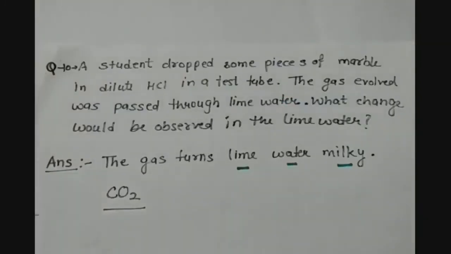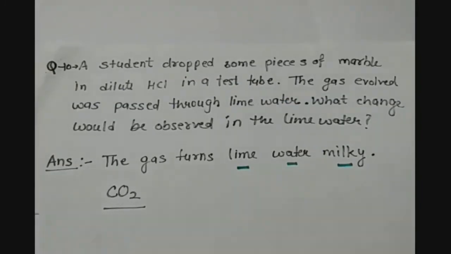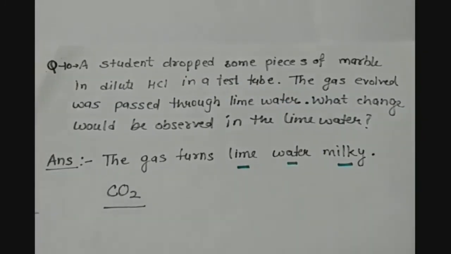So let us have the last question of the assignment. A student dropped some pieces of marble in the dilute acid, that is HCl, in a test tube. The gas evolved was passed through lime water. What changes would be observed in the lime water? So we have been given a hint that this gas, when it is passed through lime water, then it turns.